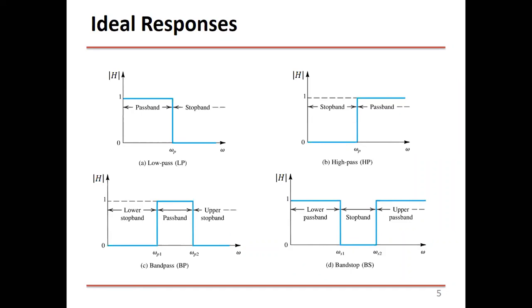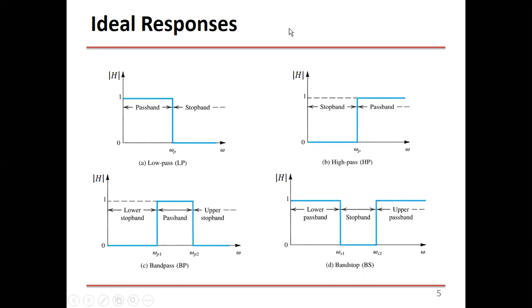Have you studied this in signals and systems, or maybe in math? The inverse Fourier transform of a square pulse is the sinc function. If you remember this from signals and systems, the inverse transform of this pulse is going to give you a sinc function.